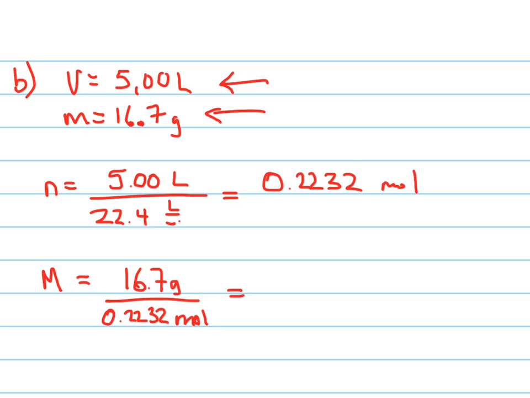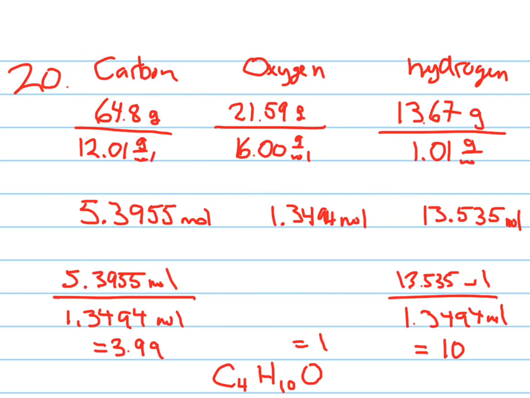So we take that number and we do the division. 16.7 divided by 0.2232, which gives us 74.816 grams per mole for our molecular mass. So we have to go back to our empirical formula, which was C4H10O.